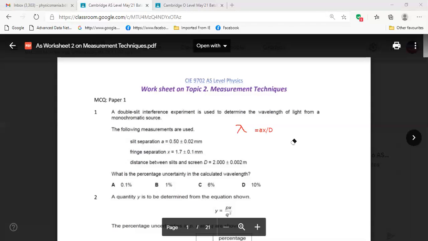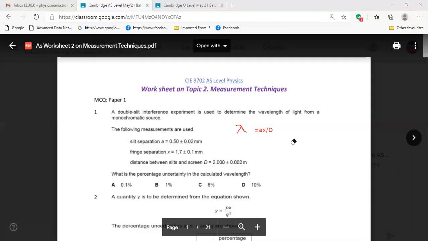So you see we have the formula over there. Now by putting the values, what is your del a? 0.02, right? Divided by 0.5, plus 0.1 by 1.7, plus 0.002 divided by 2, bracket close, then you check.